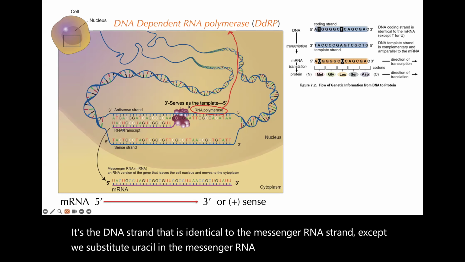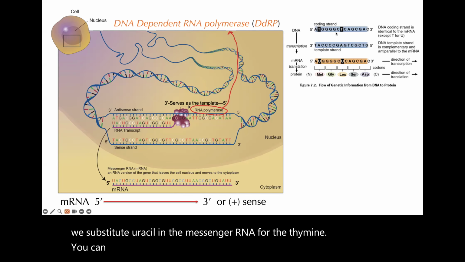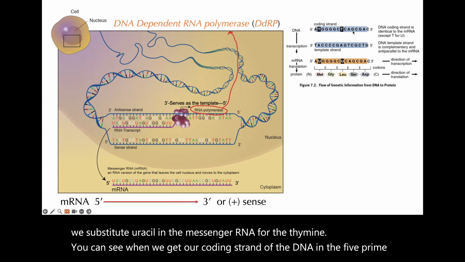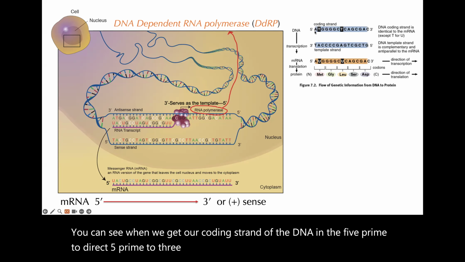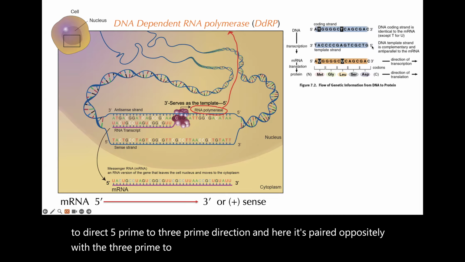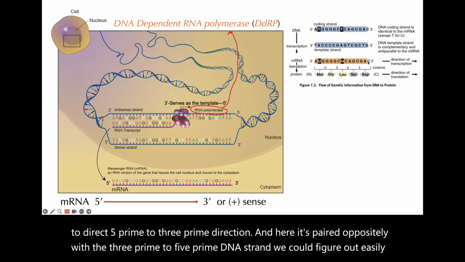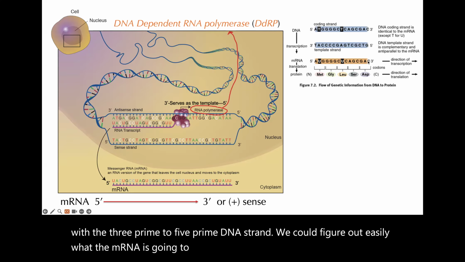You can see when we get our coding strand of the DNA in the 5' to 3' direction, and here it's paired oppositely with the 3' to 5' DNA strand, we could figure out easily what the mRNA is going to be made off of this.